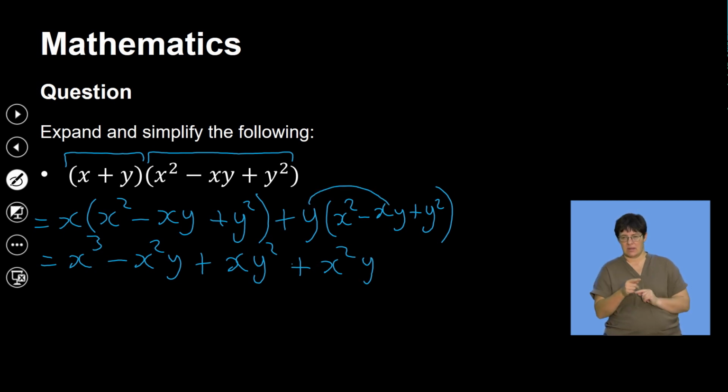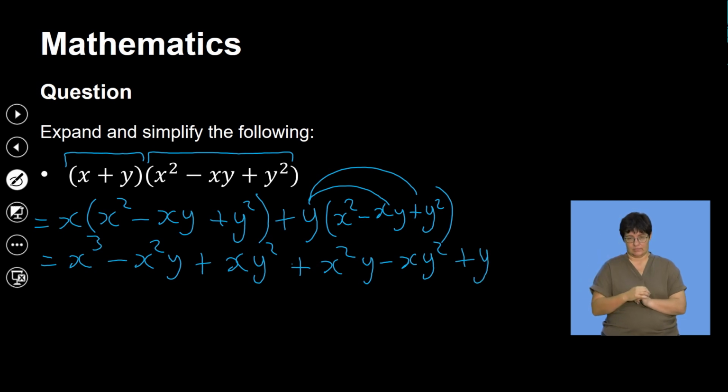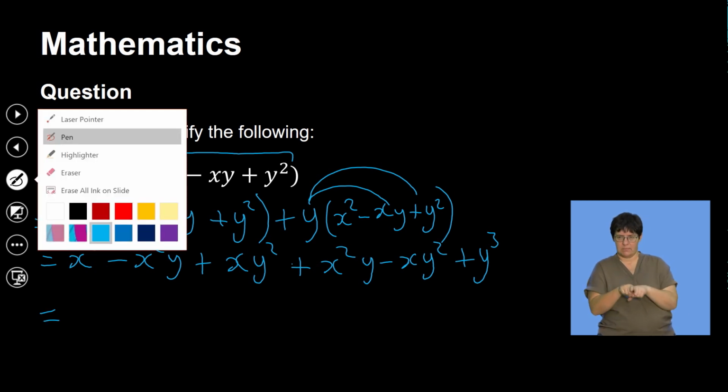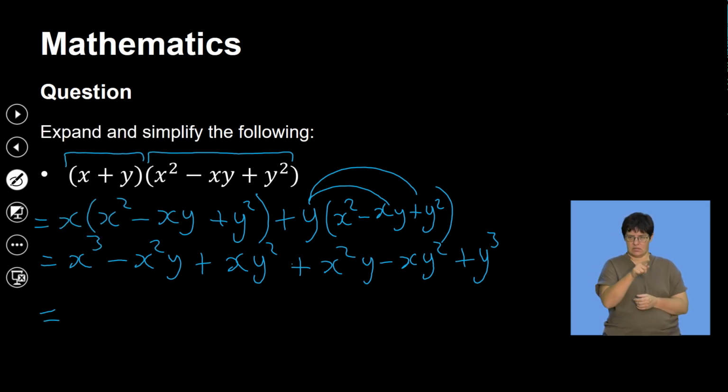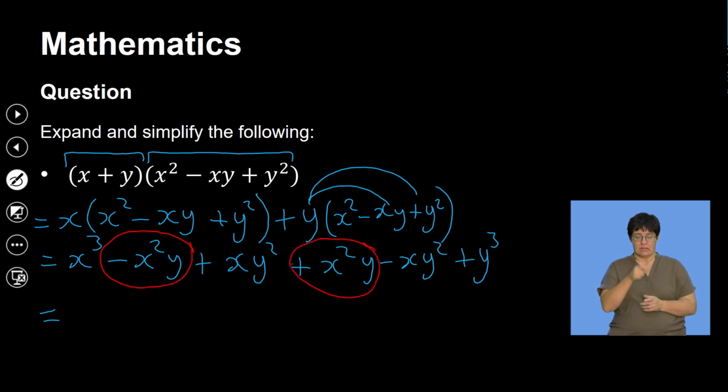Then if I multiply that one, it becomes minus x y squared. If I multiply the last one, it will be plus y cubed. Then if you simplify this further, you group them according to like terms, right? And you can see that this one here is a like term with the x squared y there. And then the x y squared will be a like term with that one, right?